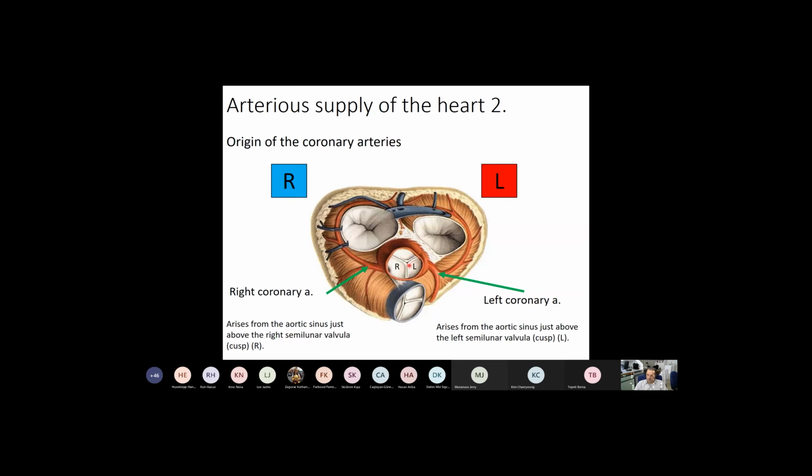On the left side, again in the aortic sinus, you find the origin of the left coronary artery, which has a much shorter trunk that splits into two main branches very soon. But I will come back to this point. So the right coronary and the left coronary arise from the aortic sinus above the respective semilunar valvulae or cusps, and they run in the coronary sulcus.